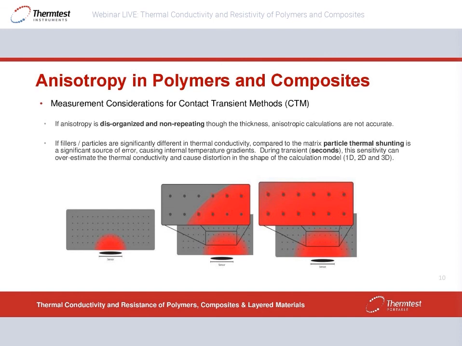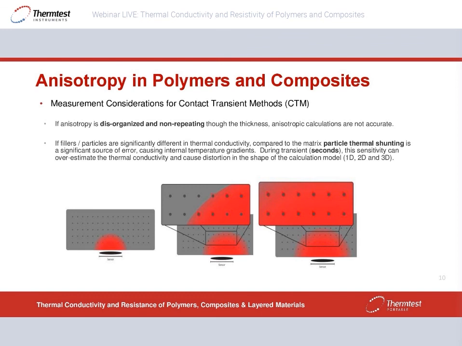So what is this shunting? If you look at these examples, which are just images, you see we've added particles to a matrix. In this case, the particles are actually insulating in nature. The matrix would represent a more conductive matrix than the fillers themselves.